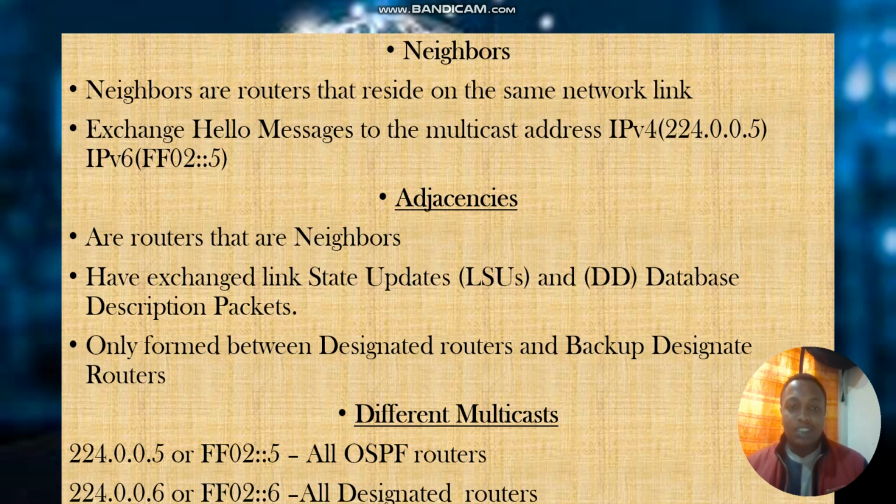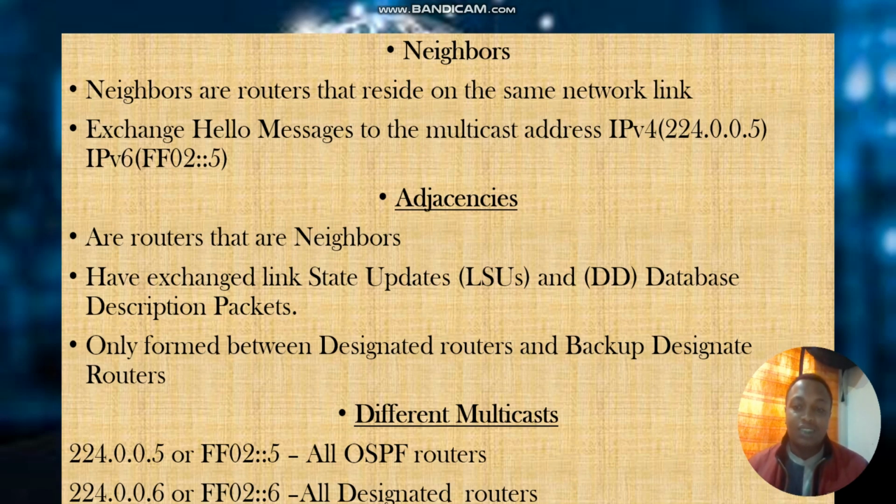When you talk about adjacencies, think again about your estate. You have neighbors, and you have those specific neighbors that know more about you. Apart from greeting each other, they have some more information about you. So in networking or in routing, we call those adjacent neighbors, or adjacencies.